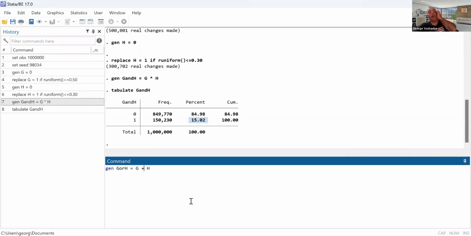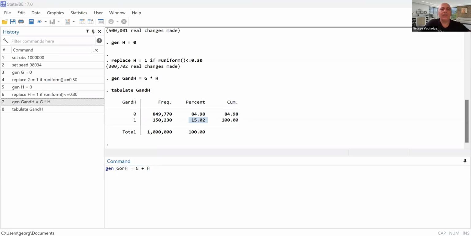If this value is 1, that means the student takes either one. And if it's 2, then it means the student takes both classes.